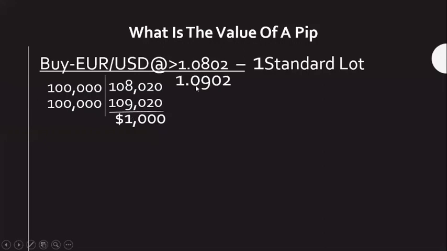Times this by this value here to get this. Because of the exchange rate change, we made 100 pips movement. That is, we are buying 100,000 units of euro, and the broker gave us this amount.